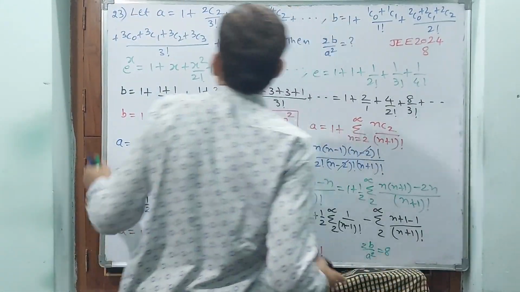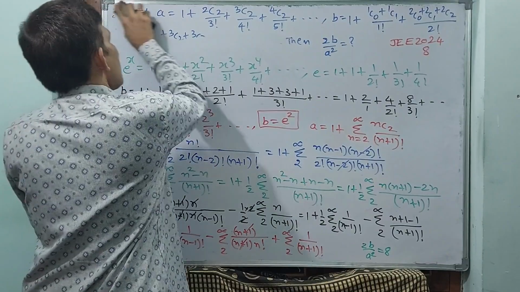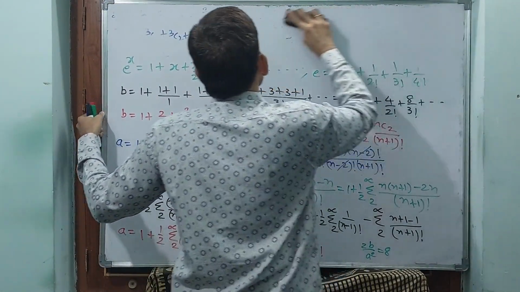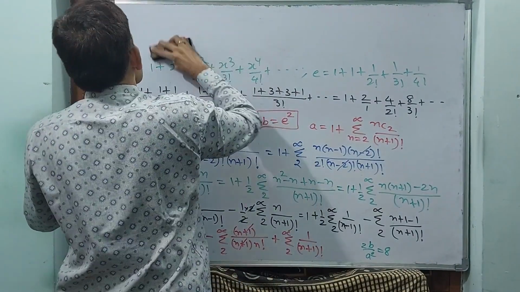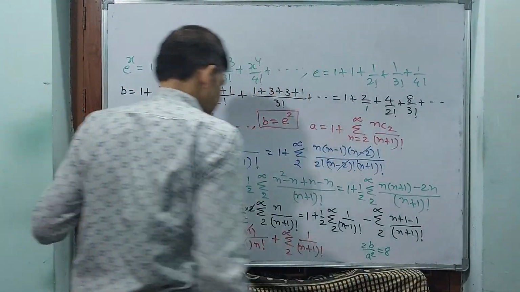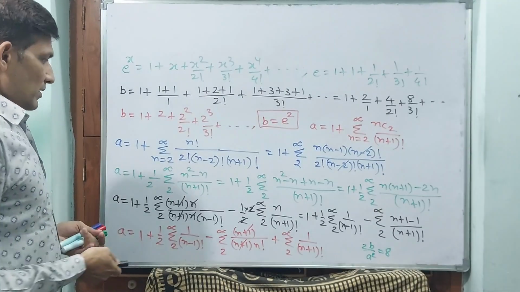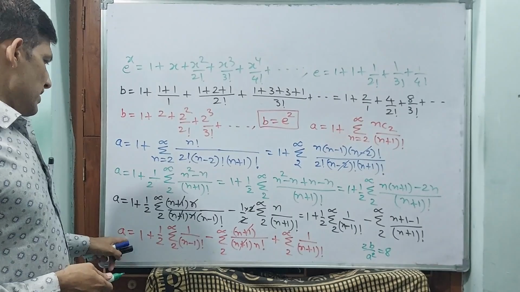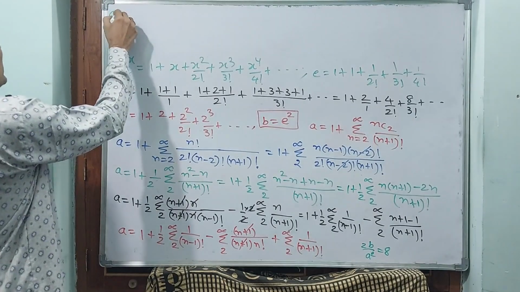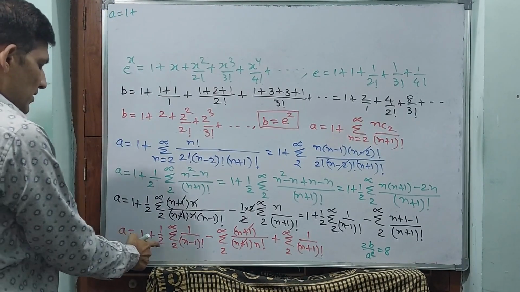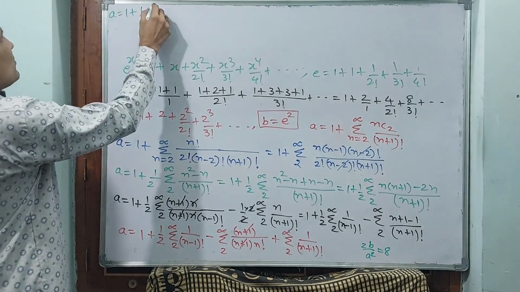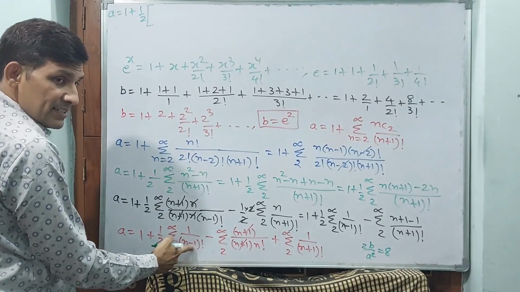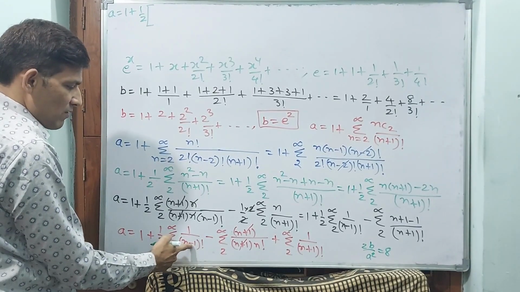Okay, this e power x formula and all once again I can write, that is not a problem even if I rub it also. Now only the a value we are going to find. Okay, see how I am finding. A is equal to 1 plus 1 by 2 into, if you give 2, minus 1 is 1 by 1.